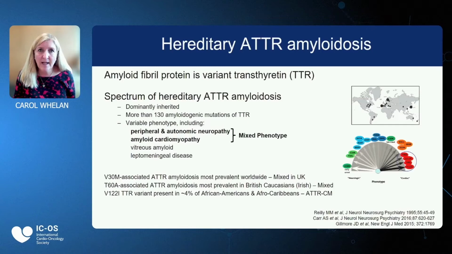T60A associated ATTR amyloidosis is most prevalent in British Caucasians of Irish descent, and Donegal is a particular hotspot. And V122I TTR variant is present in around 4% of African Americans and is increasingly recognised as a cause of heart failure.